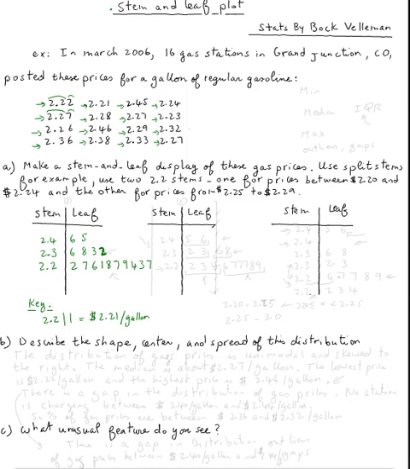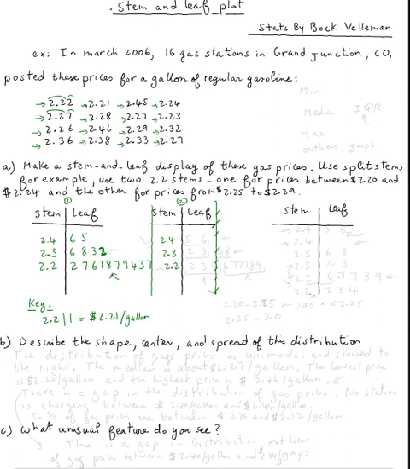Now, this is step 1. I'm just doing it the easy way. Step 2, I'm going to put them in order. So this is still 2.2, 2.3, 2.4. Let me separate the rows so there will be no confusion. Now I'm going to put these numbers in order.